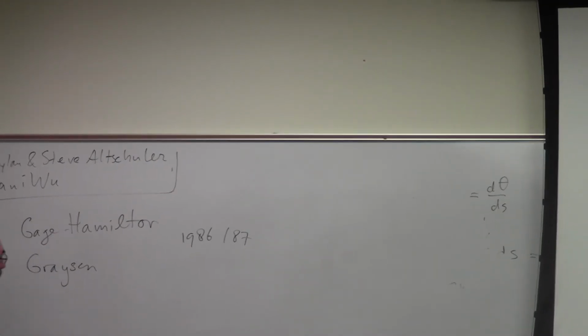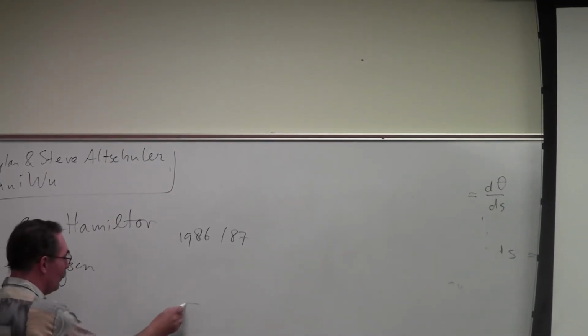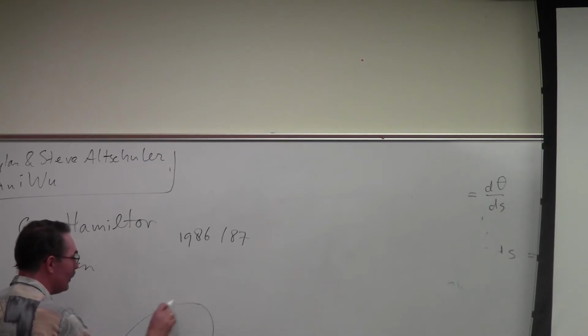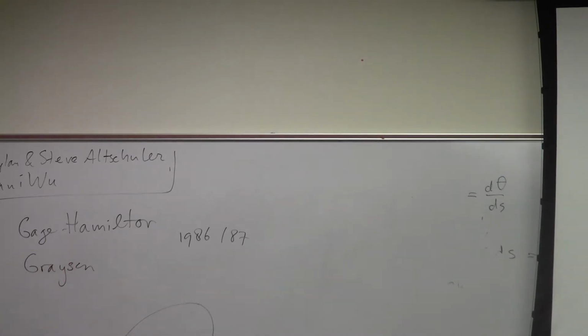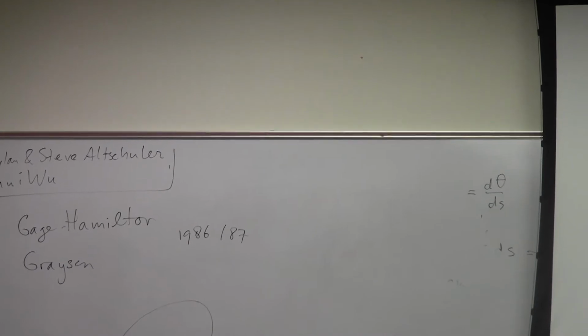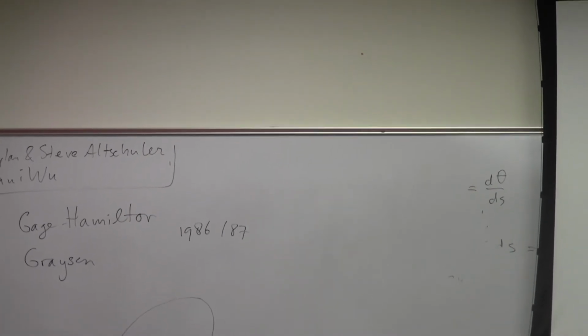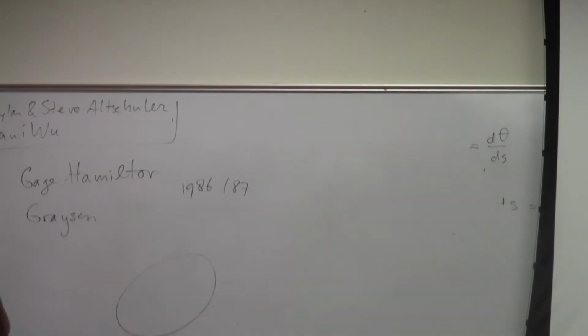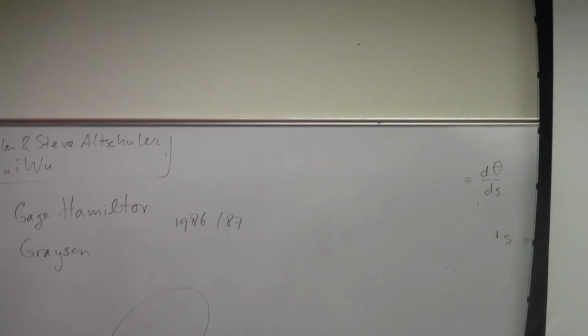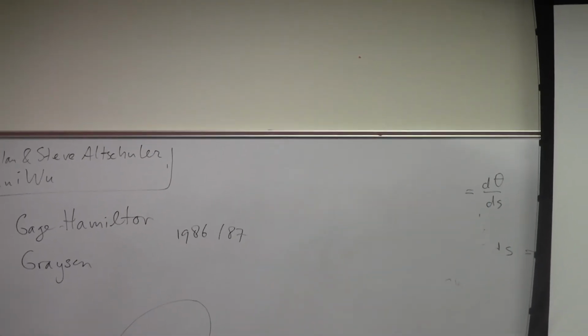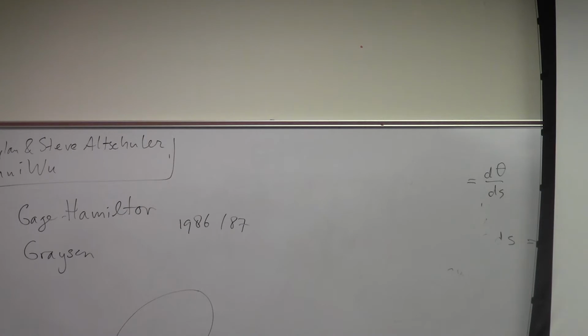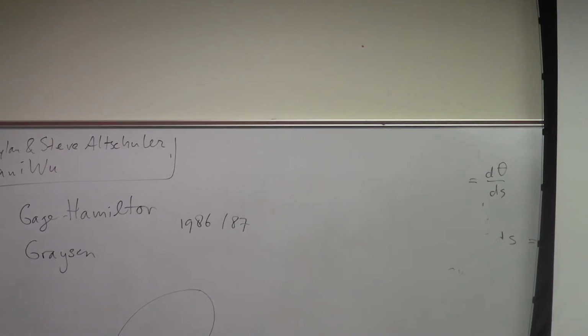Gage and Hamilton proved that if you take a curve with a convex shape, then it will shrink to a point. And as it does so, it will become rounder and rounder. If you zoom in on the curve, it will converge to a circle. You can see it looks more and more like a circle. That's Gage and Hamilton.